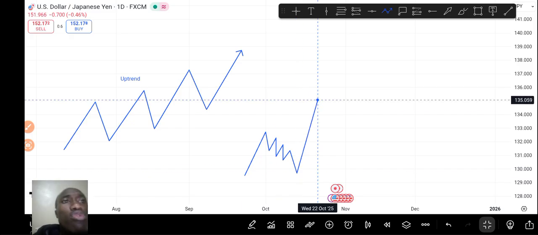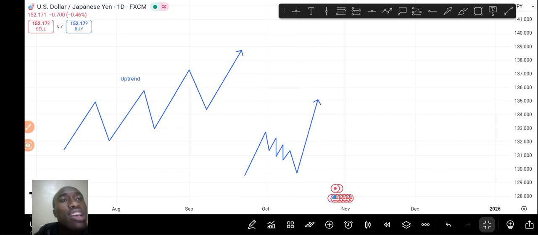So inside a move, there are smaller movements, either downtrends or uptrends. We need to understand what happens inside these structures. It will be so important to understand what happens inside these structures.